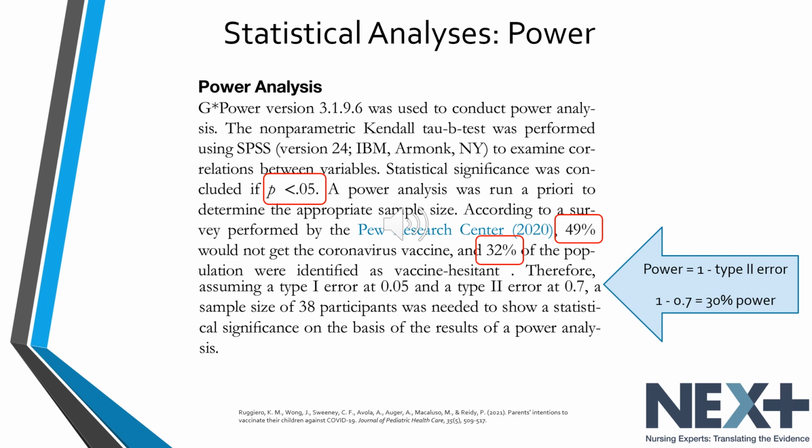So the power in this study is 1 minus 0.07, which is only 30% power. If a study does not demonstrate statistically significant results, one possibility is they didn't have adequate power to detect relationships among the variables. If a study reports statistically significant results, then it had adequate power for the analysis.